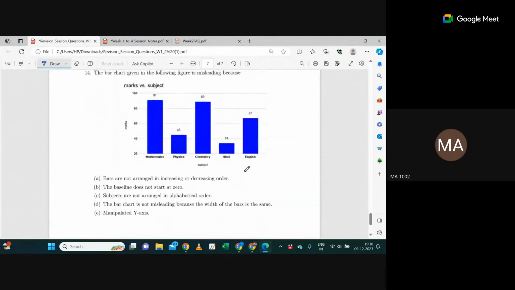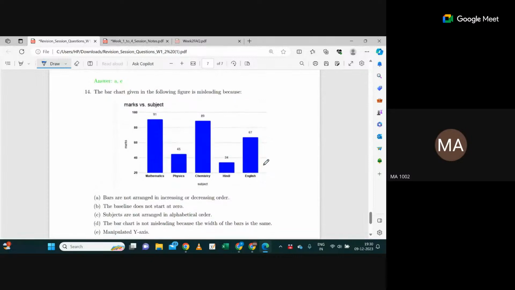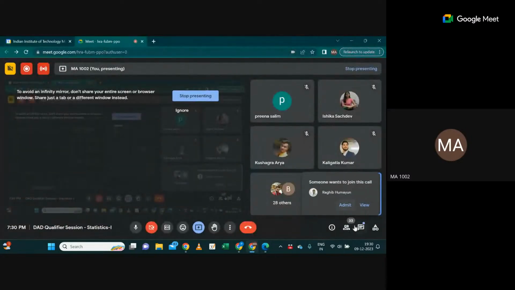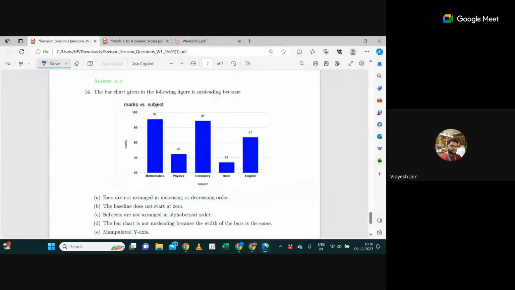So next, the last question from week 2 is saying the bar chart in the given figure is misleading because, so you have to identify the reason due to which this is the misleading graph. Not starting from 0. This does not start from 0, right?